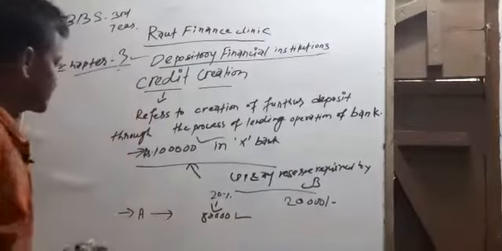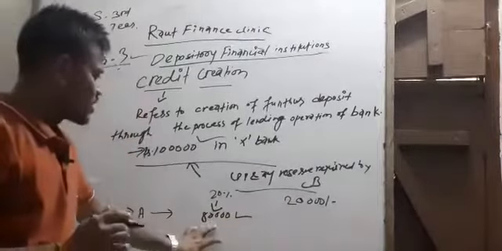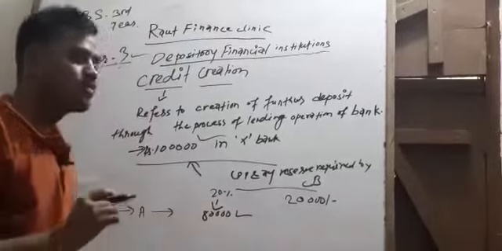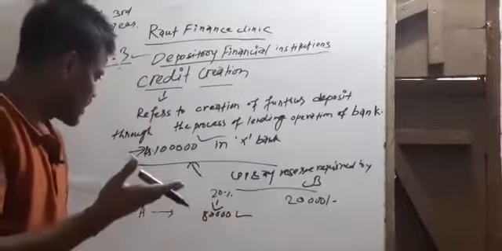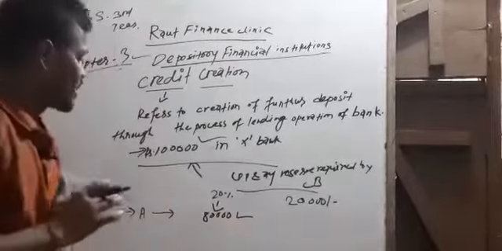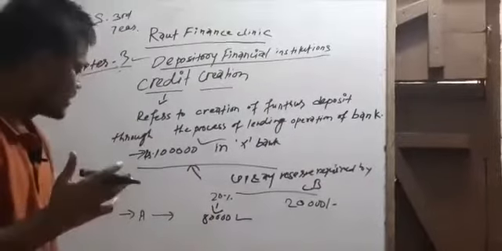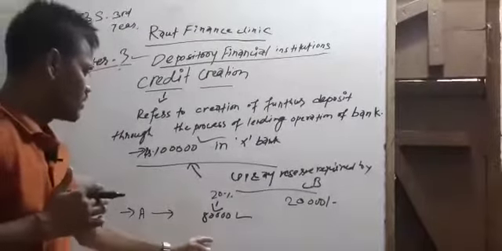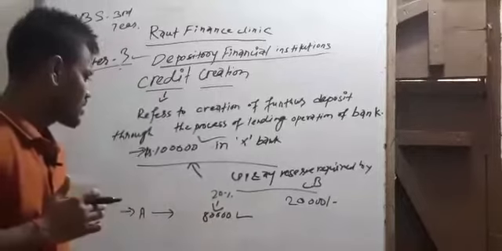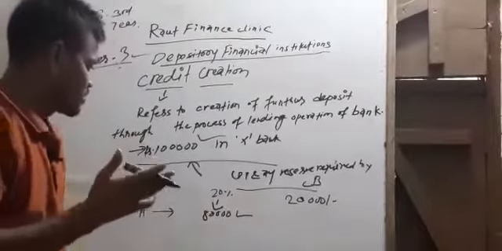Again, the bank does not give cash to A, the bank gives a cheque to the customer A, and when the customer needs it, he can take cash through the cheque.